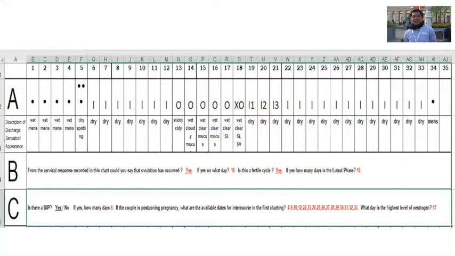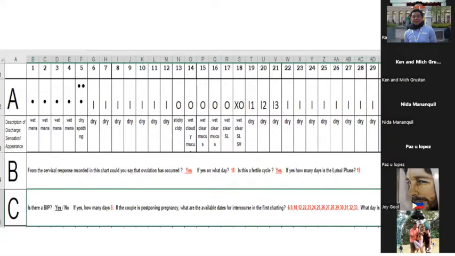If no intercourse on day 5, but intercourse happens on day 6 at night, followed by day 8 at night, then day 10 at night, then day 12 at night. This is how you apply alternate evenings. Is this clear? Okay, let's proceed.